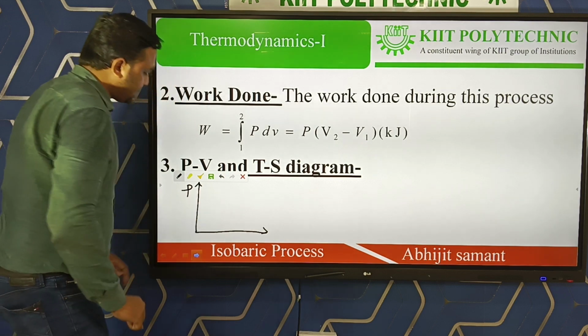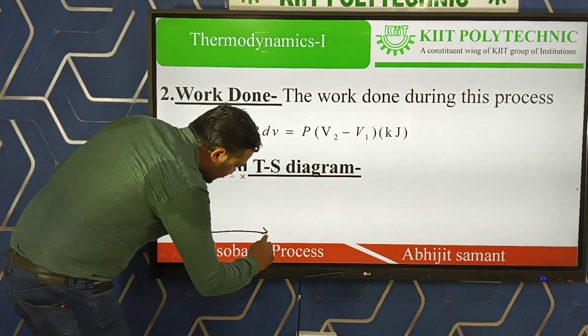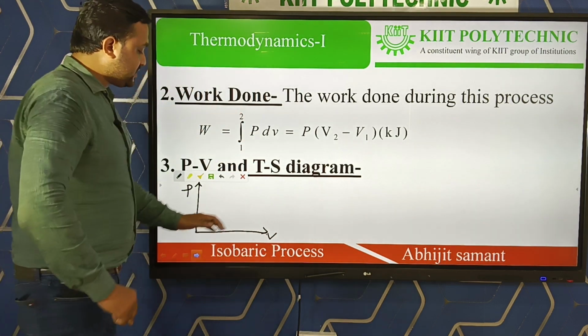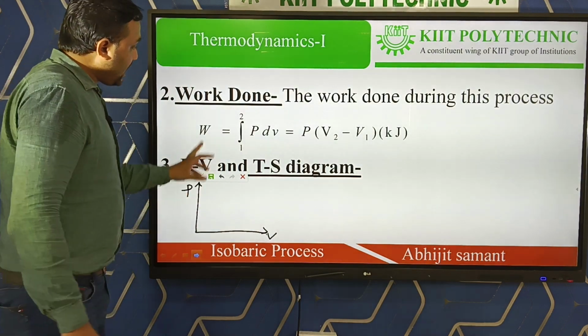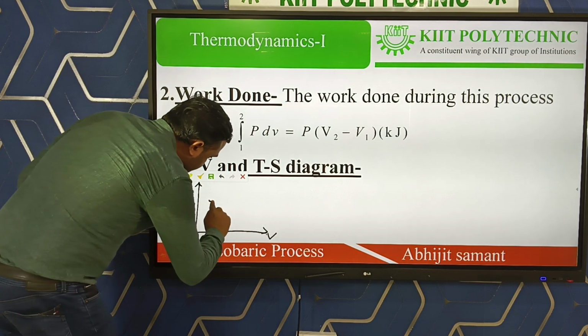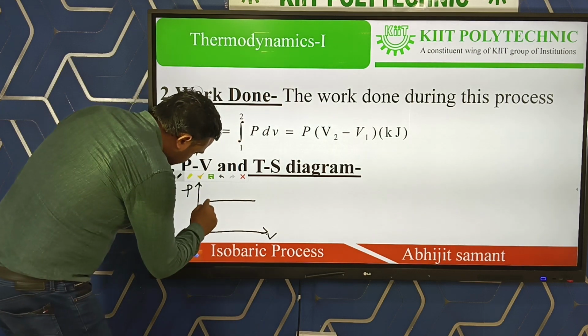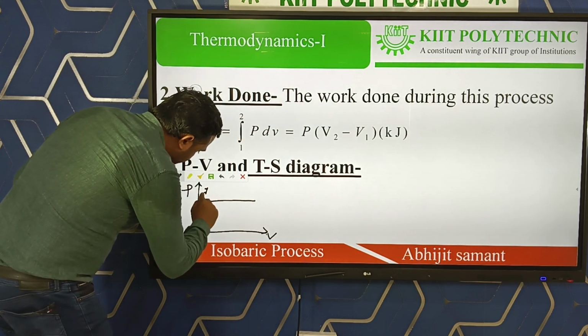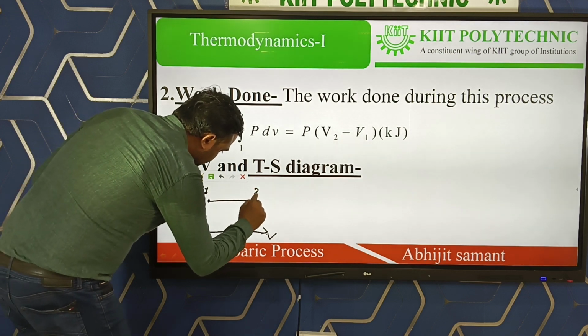On the y-axis, we are taking pressure, and on the x-axis we are taking volume. As pressure remains constant, the PV diagram is a straight line. Here it is state 1 and this is state 2.